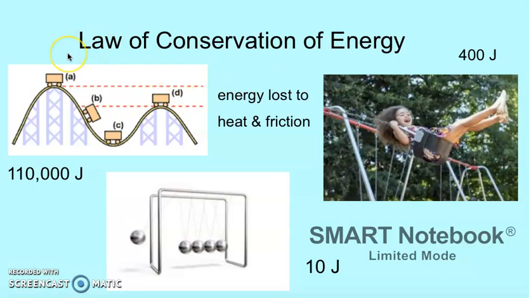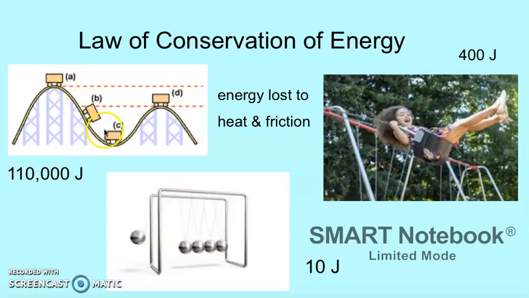Consider a roller coaster. It has high potential energy up here at point A. In fact, I looked up, and the potential plus the kinetic energy for each car is about 110,000 joules. So as that potential energy is released down here in B and C, it's going very fast. Actual motion is kinetic energy.